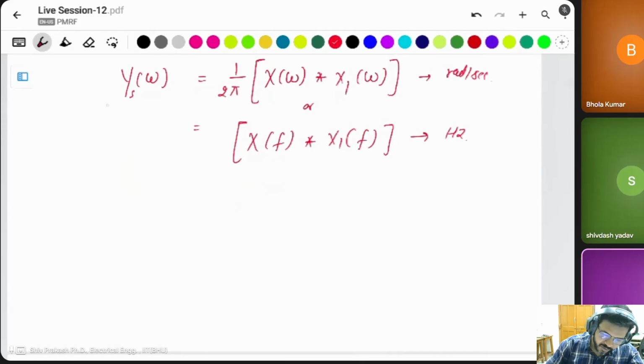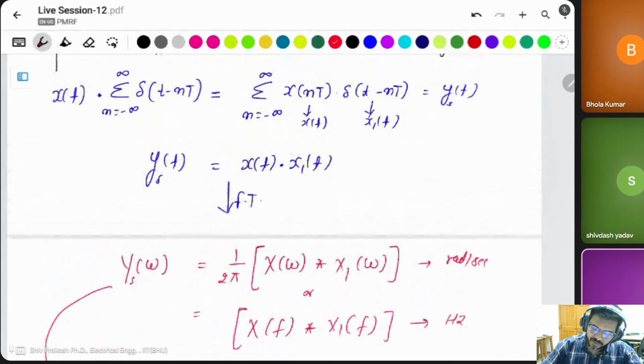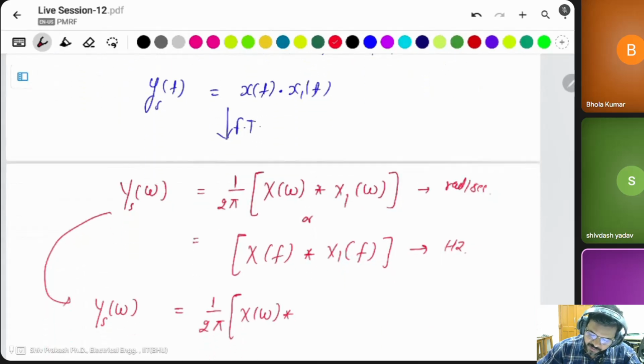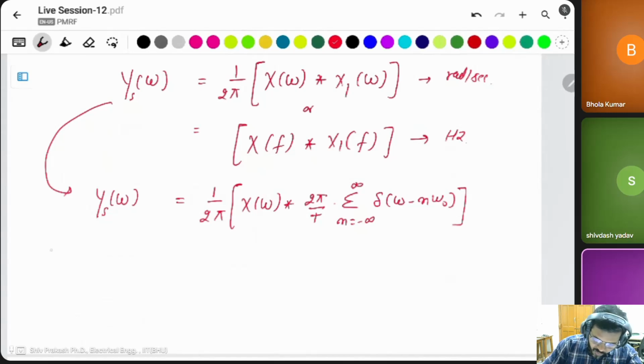First of all, let's try to solve this. Ys(omega) is equal to 1 by 2 pi times X(omega) convolved with X1(omega), where X1 is the impulse train. The Fourier transform of the impulse train is equal to 2 pi by T into the summation of n equal to minus infinity to plus infinity of delta(omega minus n omega naught).